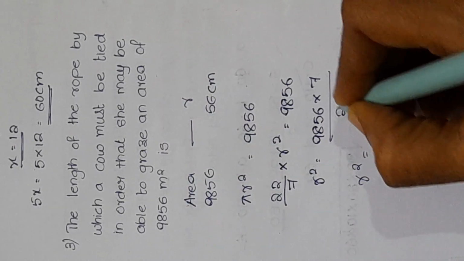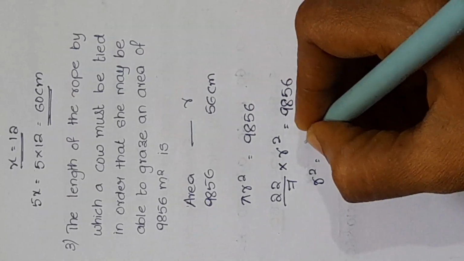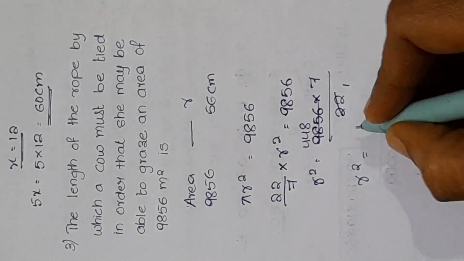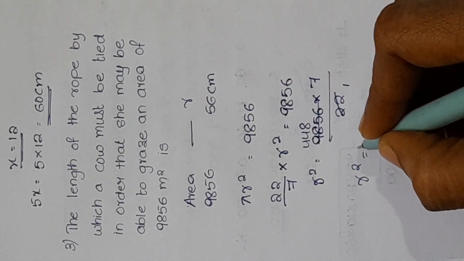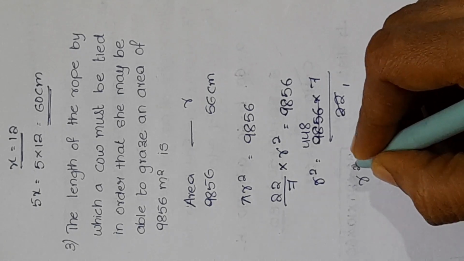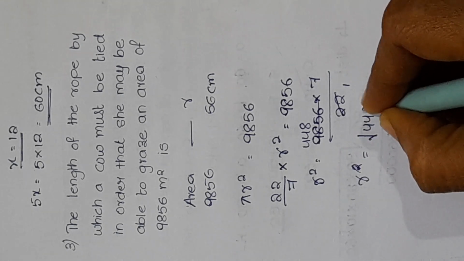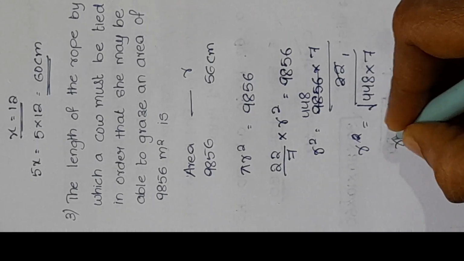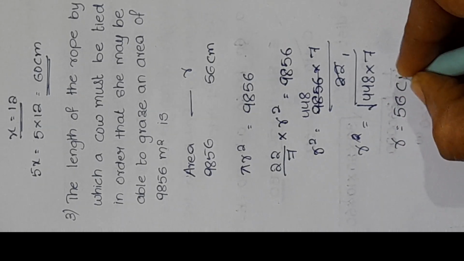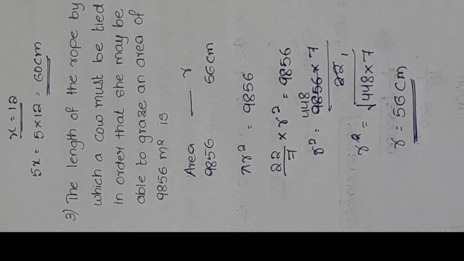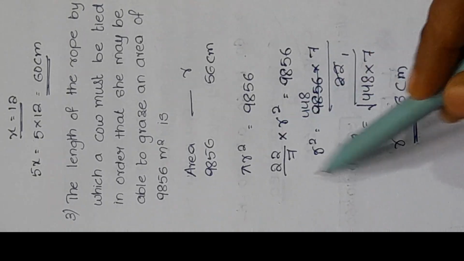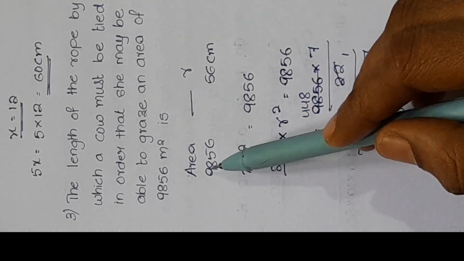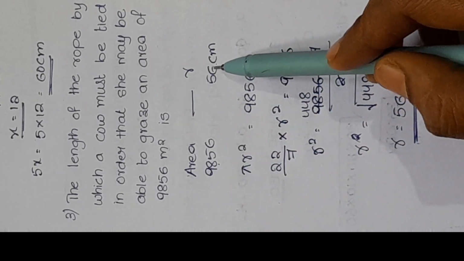On cancellation, r square is equal to 448 into 7. From this, r is equal to root of 448 into 7. R is equal to 56. If you remember the table, instead of solving like this, we can directly write; if area is given, we can find the radius.